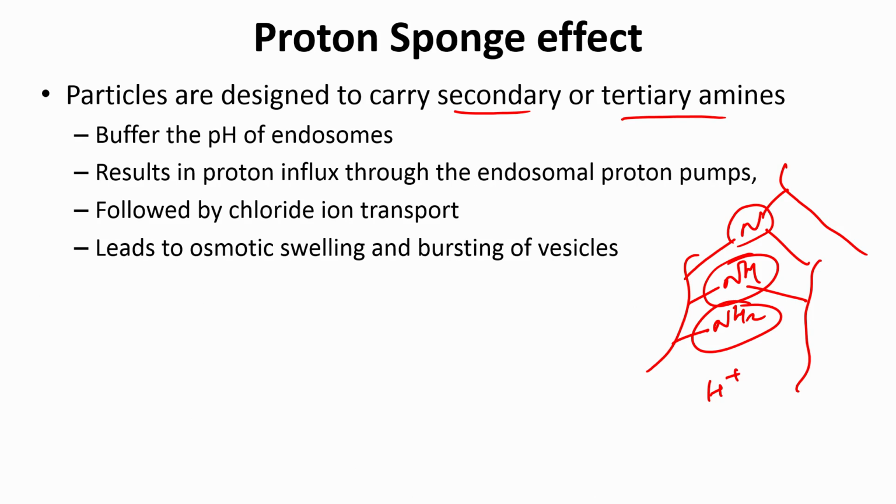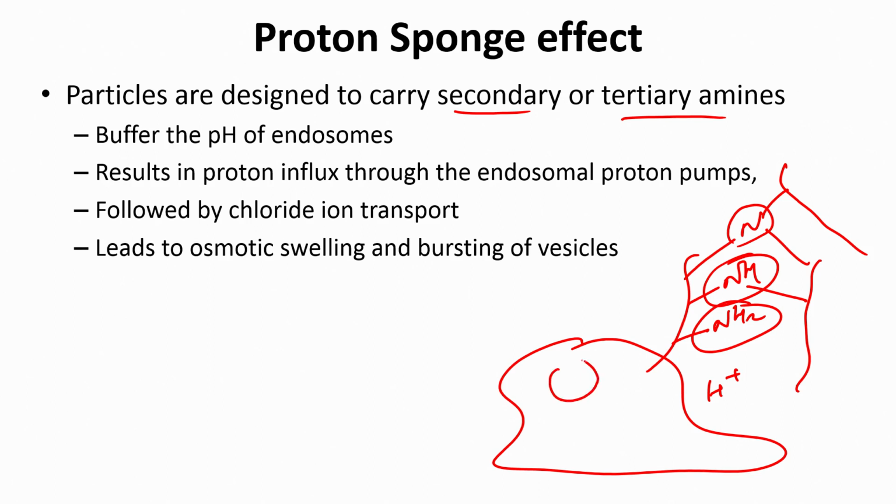As I just mentioned, these endosomes and phagosomes, so if this is a cell and here is my endosome, the pH outside and inside the cell is close to around 7, but the pH of this is maintained at around 5 and it further decreases as it goes.